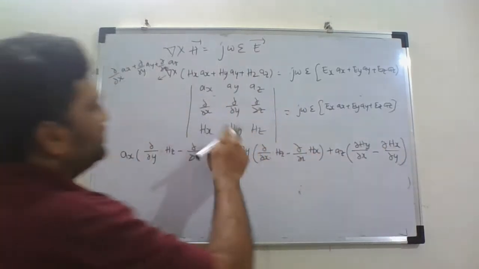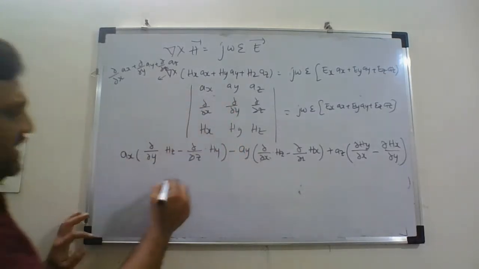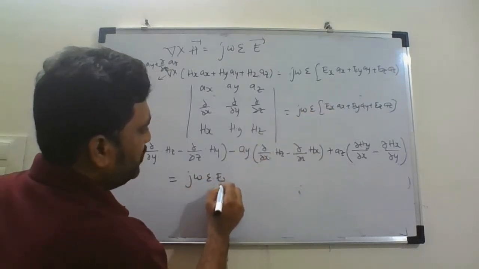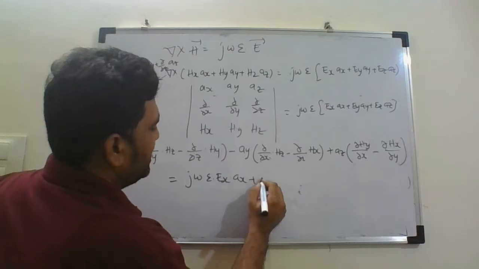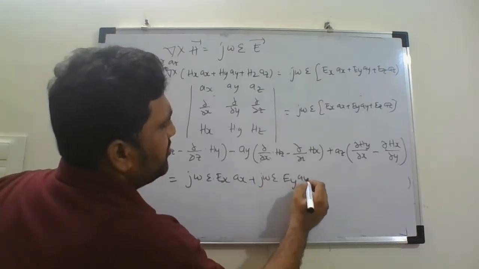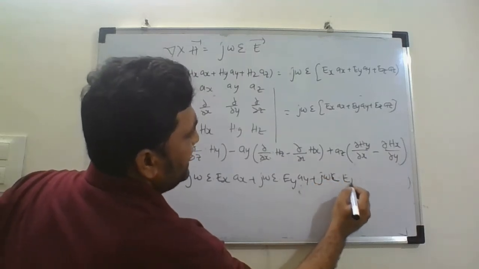So cross multiplication of these two rows is equal to, expanding the right side also, jωε into Ex Ax plus jωε into Ey Ay plus jωε into Ez Az.